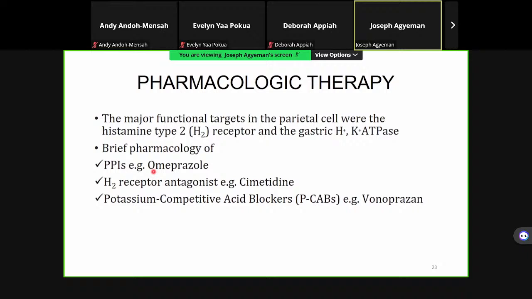Both the half-life and the peak plasma concentration of PPIs, and in fact, the peak time that you have a lot of the drug around the proton pump is around 30 minutes. Now, if you eat, it stimulates the secretion of acids.